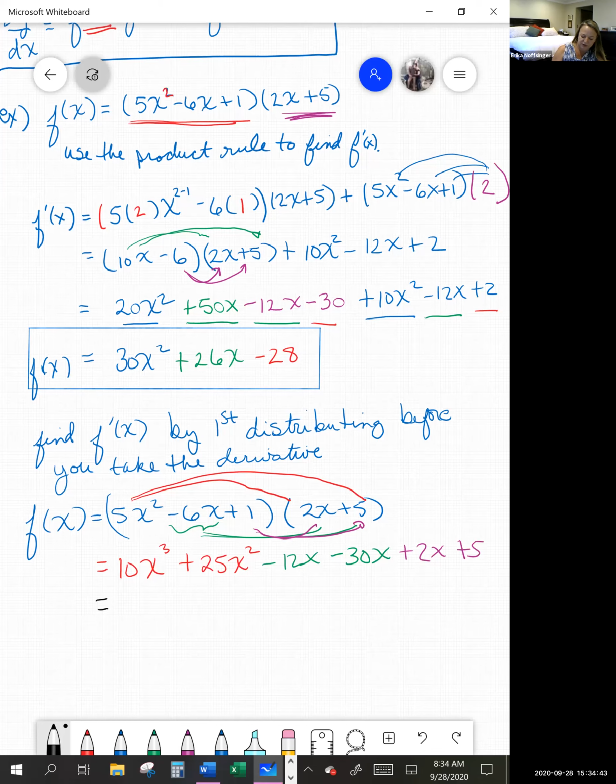Combine like terms. So we just have a 10x cubed, a 25x squared. I missed a square somewhere. Yeah, this should have been minus 12x squared.